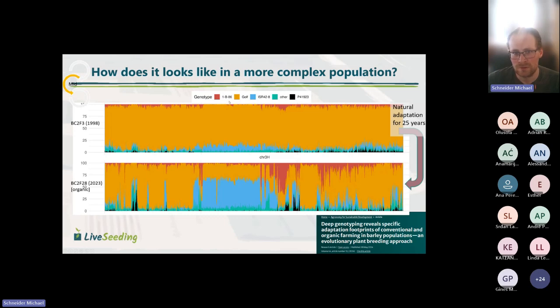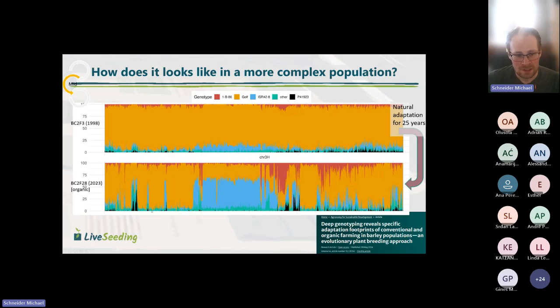We use this Oxford Nanopore sequencing I described before to differentiate these populations. And for instance, we would see this big block here for this genotype got selected up, also with very sharp edges here, so there must be a crossing over event, not only for one genotype, I suspect, but we see something similar also in here and here.